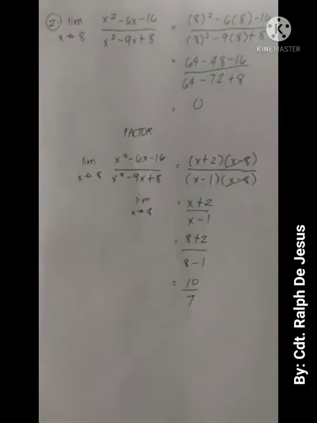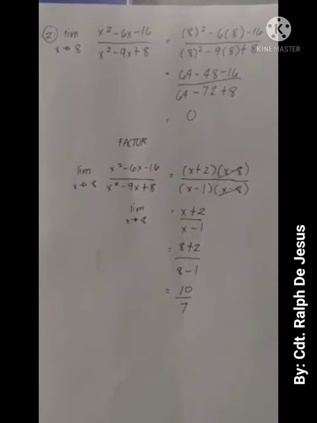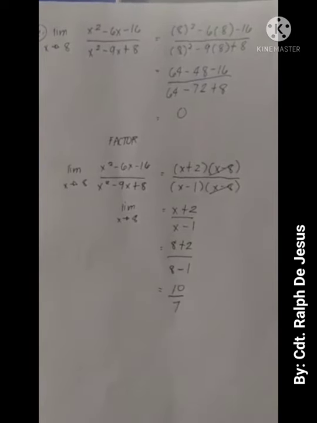For our second number, we have the limit as x approaches 8 of x squared minus 6x minus 16 over x squared minus 9x plus 8.